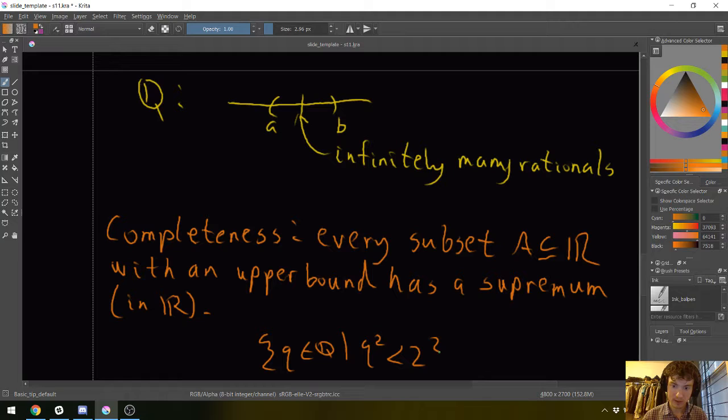The supremum of this set is simply the square root of 2. All of these numbers are rational, but their supremum is irrational. So this is the reason that the rationals do not have a completeness property, because this set has an upper bound in the rationals, but it has no supremum in the rationals. The supremum exists in a different set.